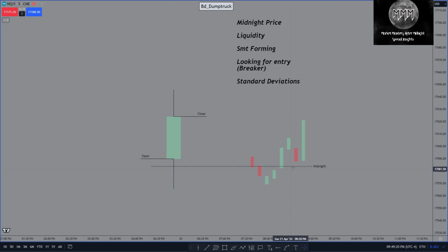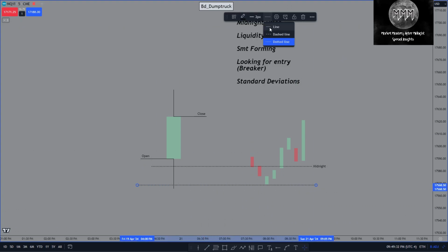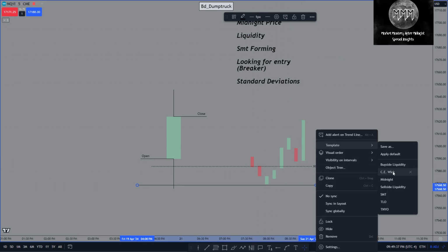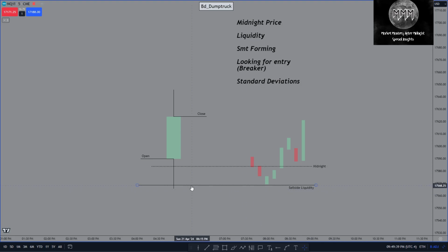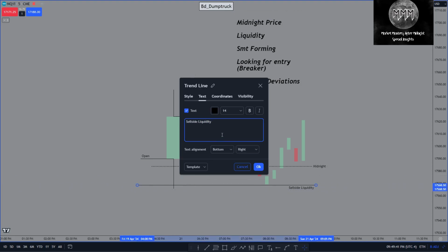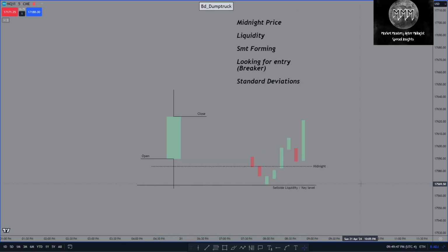In this time, this is where you're seeing the SMT forming, because on this move down, this is where we're hitting either our sell side liquidity target or our key level for us to reverse off of.